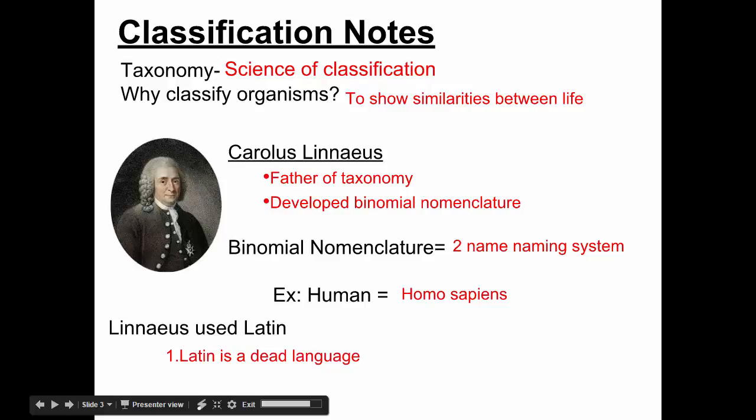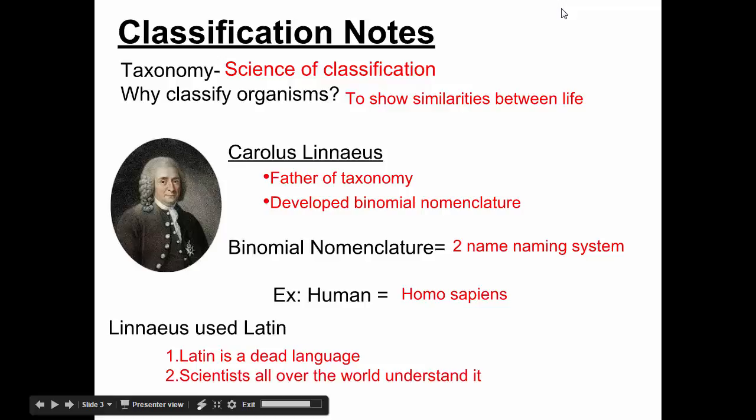Latin is not a language that is used in daily conversation anywhere. It's the language of ancient Rome. Okay? And so, because it's no longer used, it doesn't really change. Like Latin has a certain set of vocabulary and words, and it doesn't change. Other languages that are currently spoken are constantly changing, and words change in meaning and so forth. So Latin is a dead language. No one really speaks it, so it's sort of set in stone. So it's a good language to use to name things.